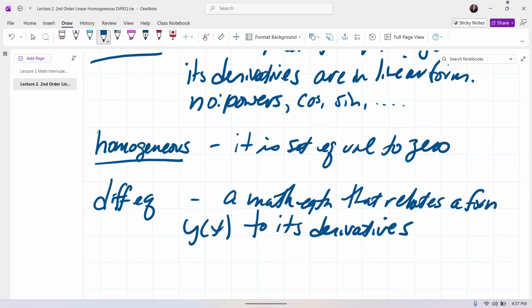And this will tell how it changes with respect to an independent variable. In this case, the independent variable is x that I've shown you right here.